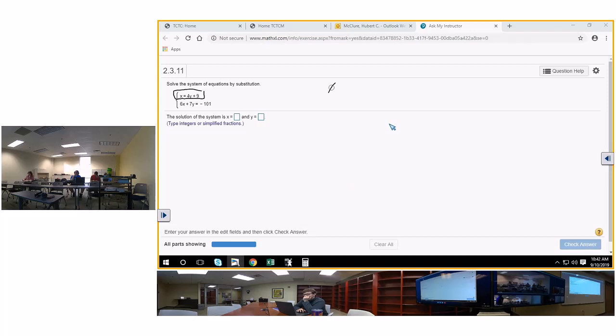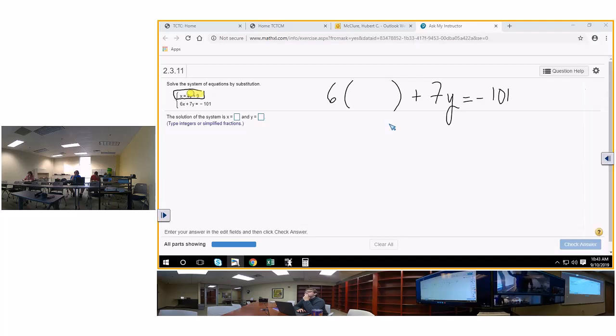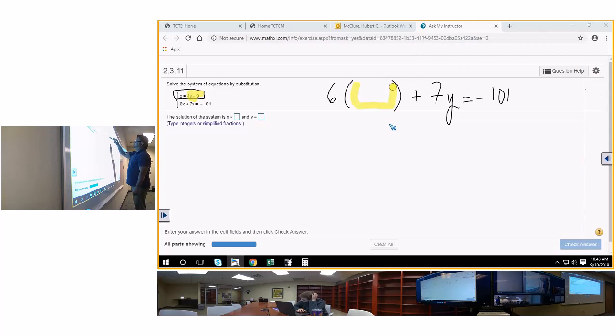Plug and chug. 6 times x plus 7y is equal to -101. Plug that, take the highlighter, that 4y plus 9, and plug it in right here.